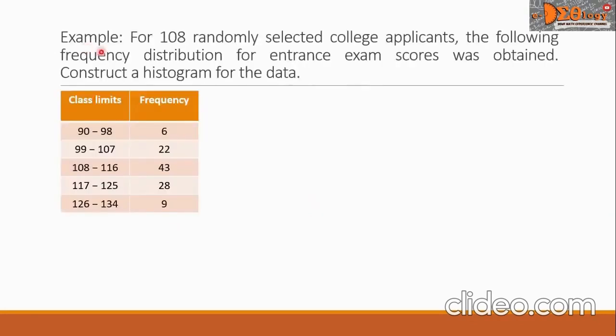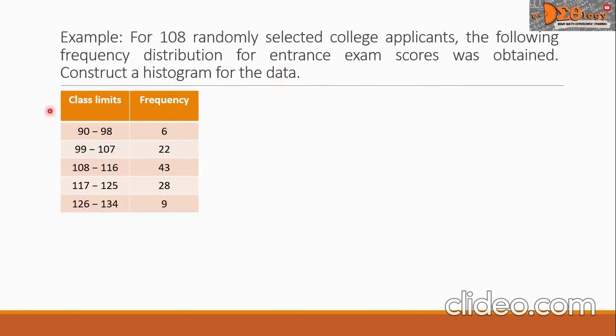Let us see one example. For 108 randomly selected college applicants, the following frequency distribution for entrance exam scores was obtained. Construct a histogram for the data.